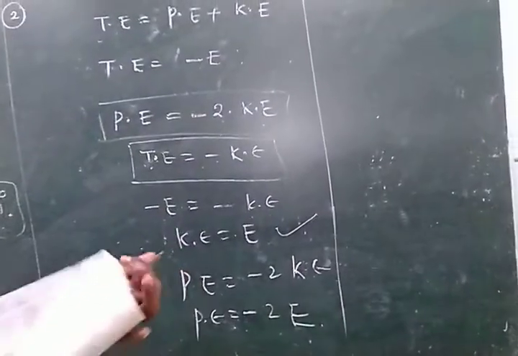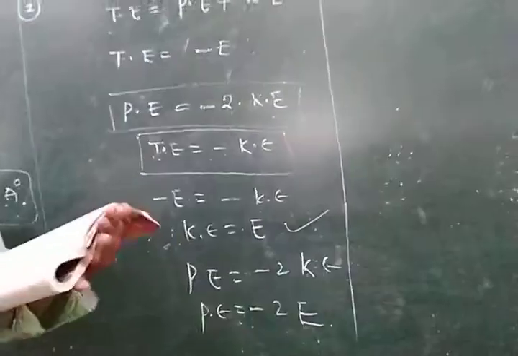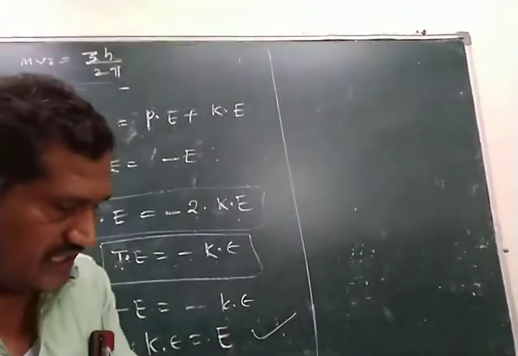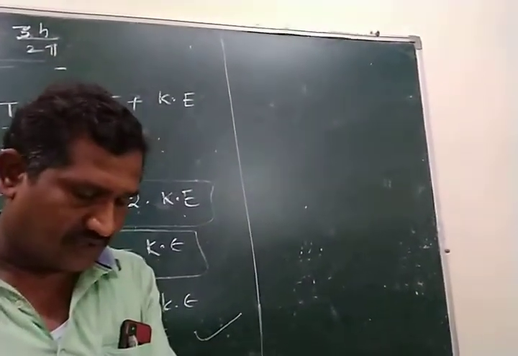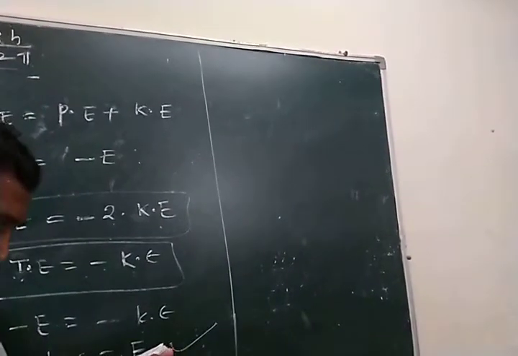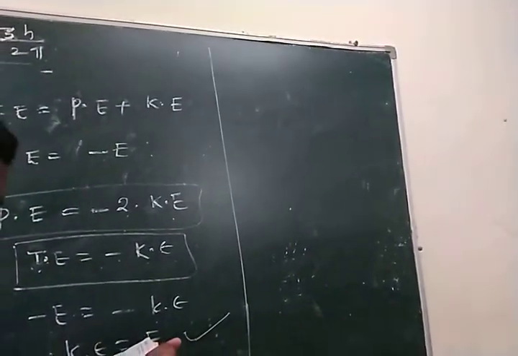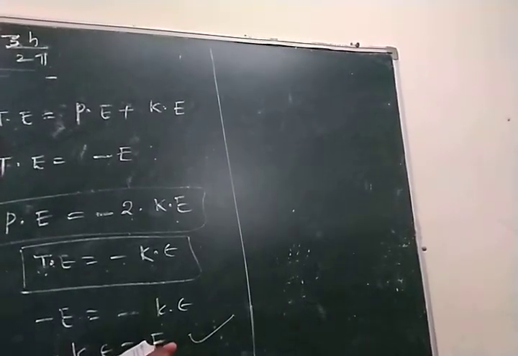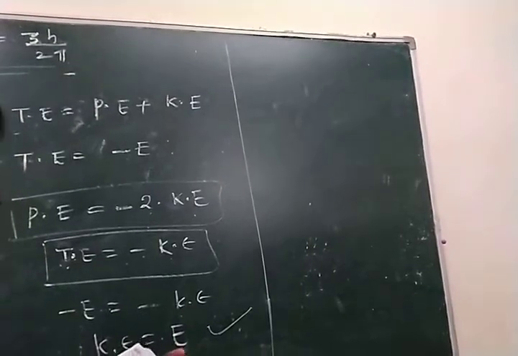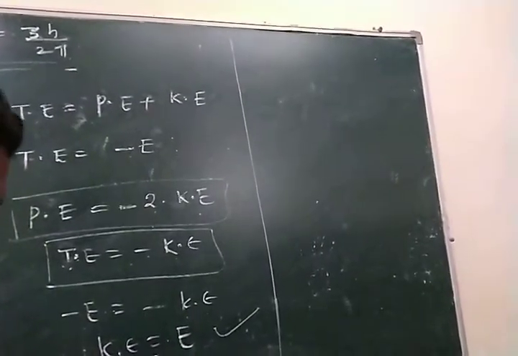Now the next type of problems. Question number 3: the energy of second Bohr's orbit of hydrogen atom is minus 328 kilojoules per mole.